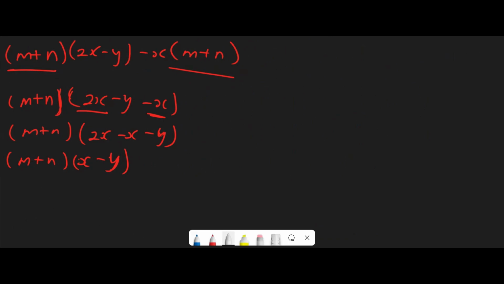So I have m plus n times 2x minus y minus x into bracket m plus n. So what am I going to do here? I'm just going to expand the bracket to see how best I can simplify or factorize this expression.